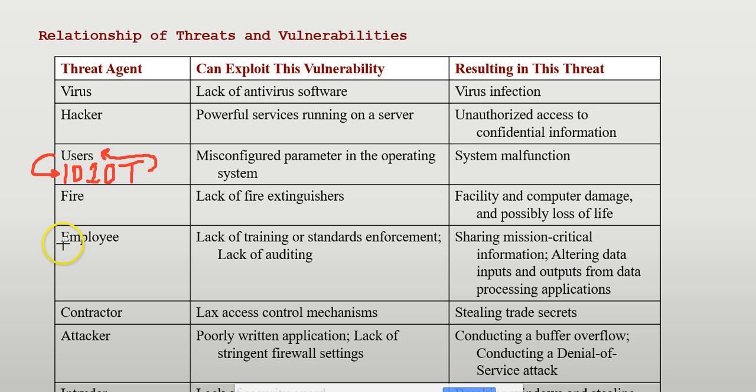One of the big deals that we've seen with some of the leaking of information is the insider threat. From that, people can steal data, they can alter data and outputs. And if we're not actually watching what they do, then they could actually steal the keys to the kingdom.